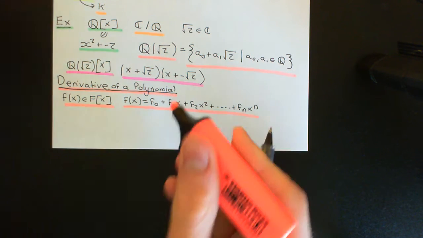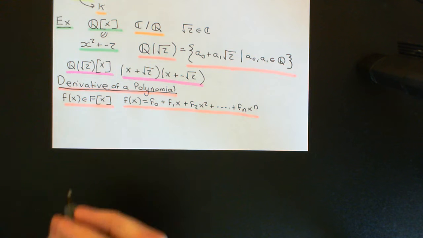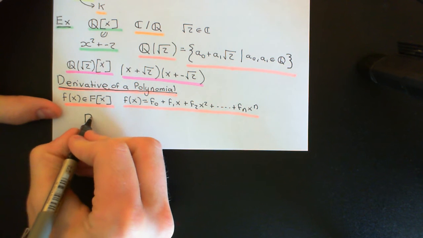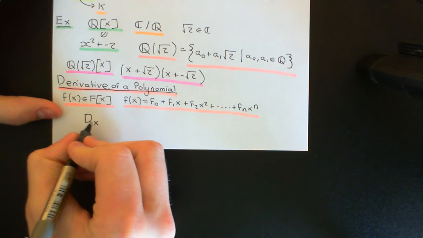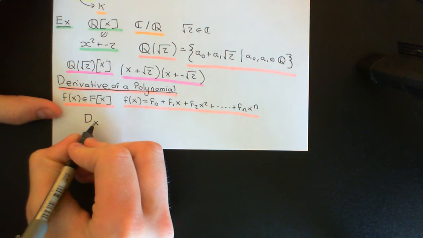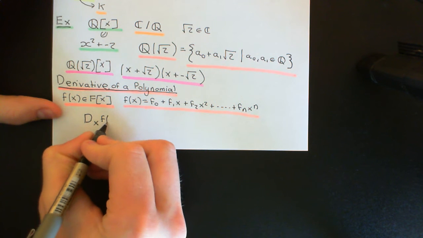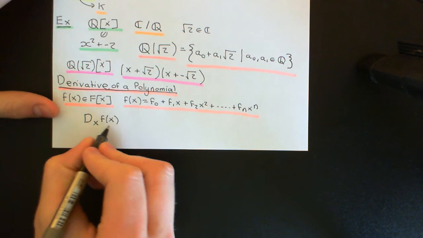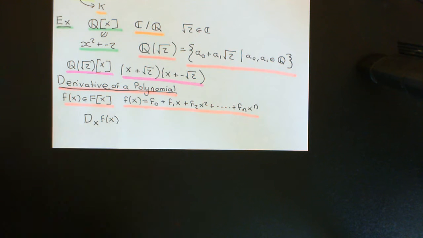And we're now going to define the derivative of this polynomial. So the derivative of this polynomial, which we're going to denote like so, D, and then we'll subscript it x, of f of x. And note the notation we're using here is very different from the notation that you would use in calculus or analysis.